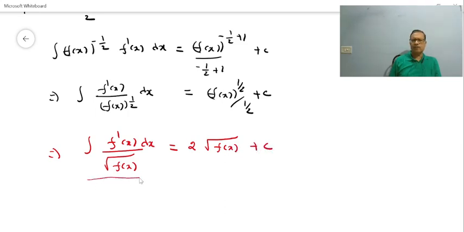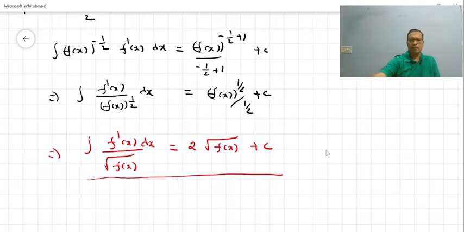So what is the other formula? The integral of f'(x) dx by root f(x) is equal to 2 into root f(x) plus constant.